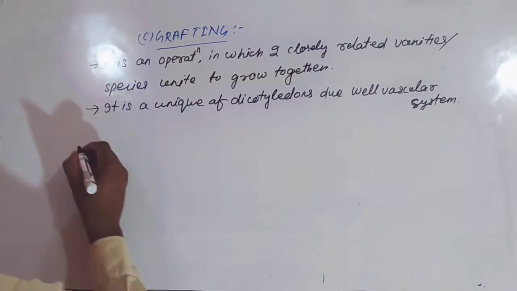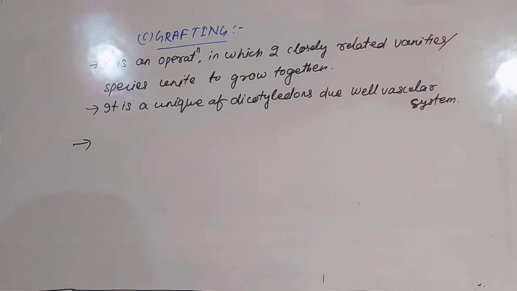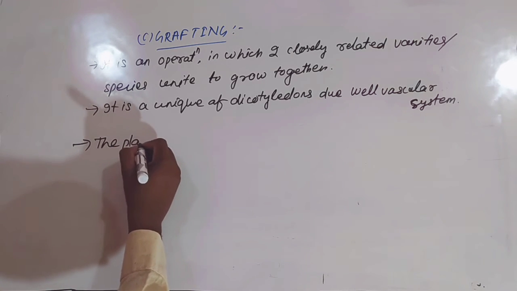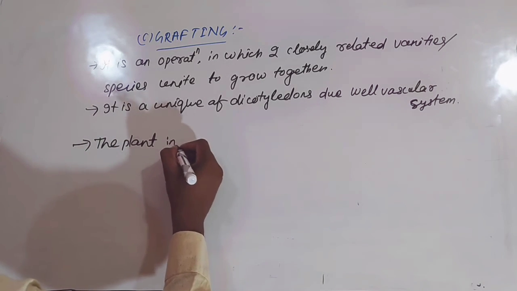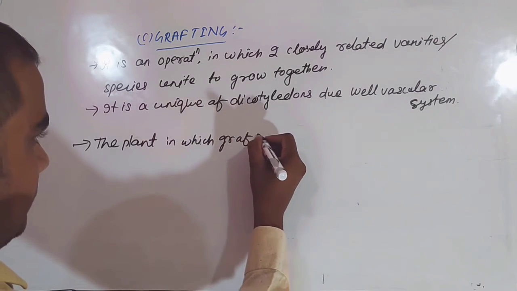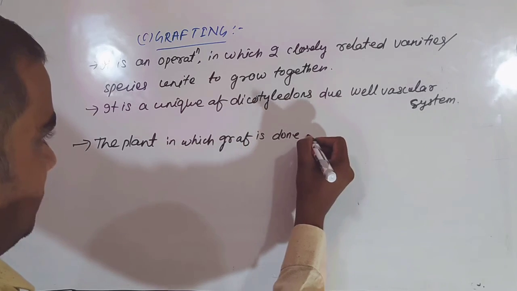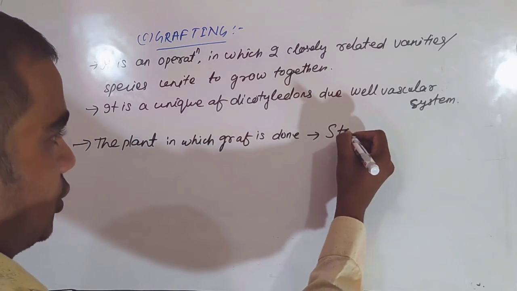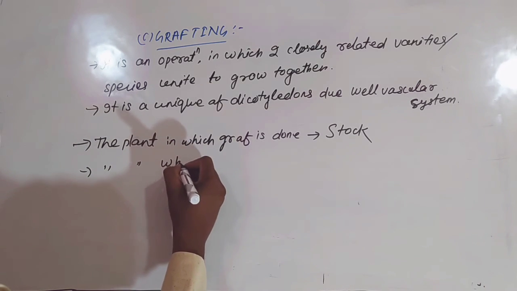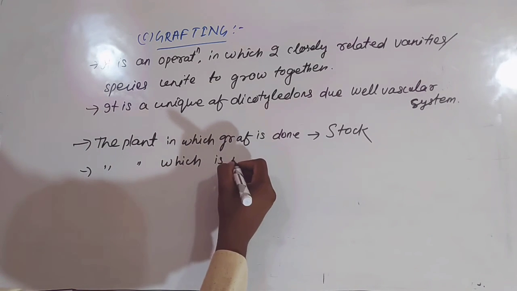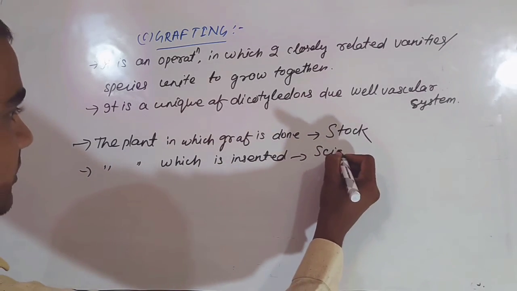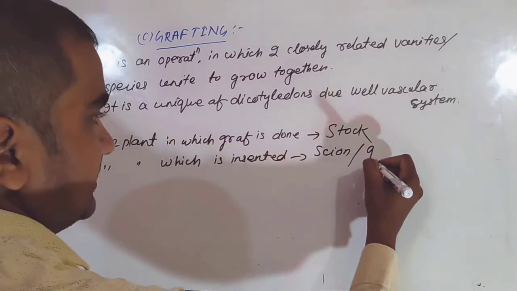Next, the plant in which the graft is done is known as the stock, and the plant which is inserted in the stock is known as the scion, or you can call it the graft.